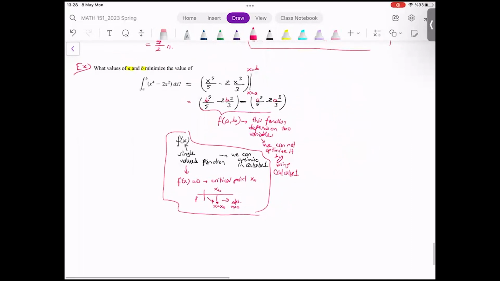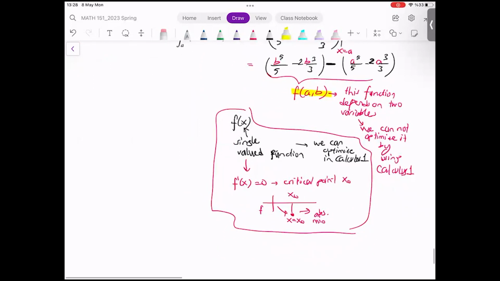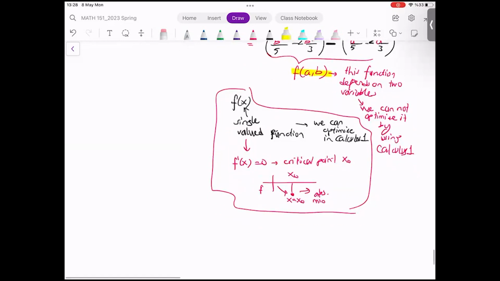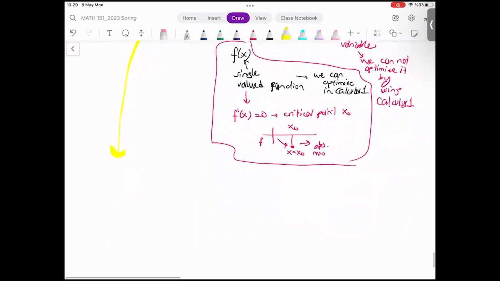The algebraic way of computing the definite integral gives us a multivariable function, so I cannot use the usual techniques to find its minimum. That's why we will change our strategy to the second way. Let's use the geometric meaning of the definite integral.